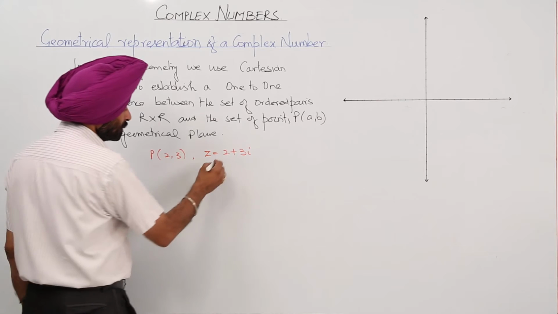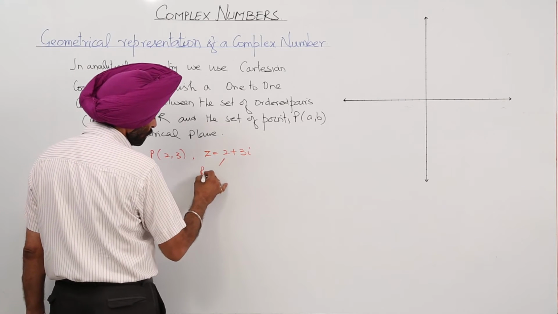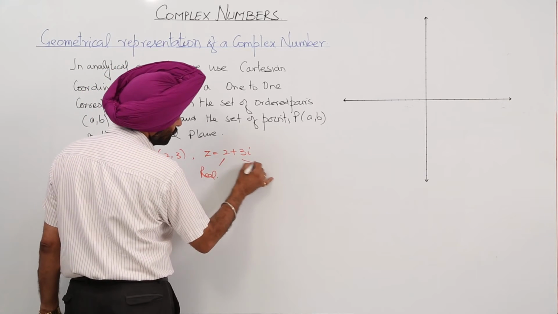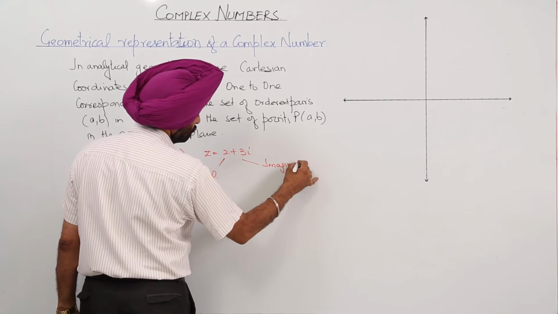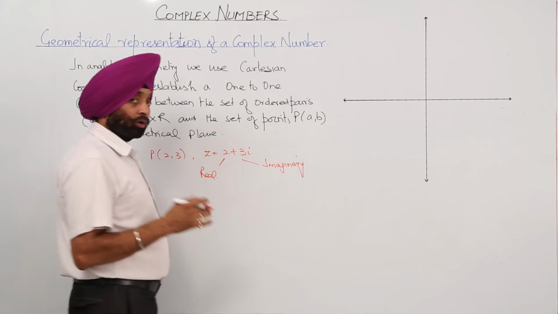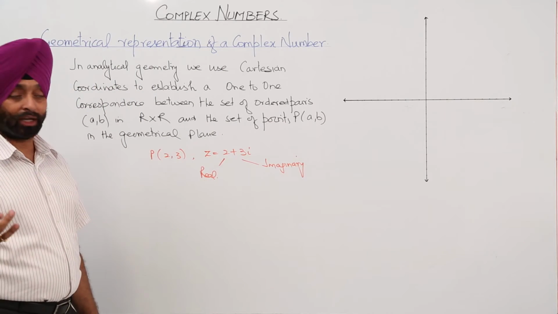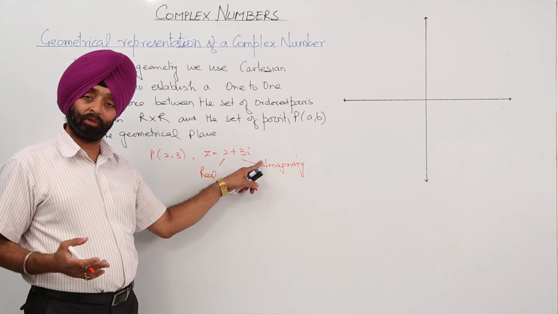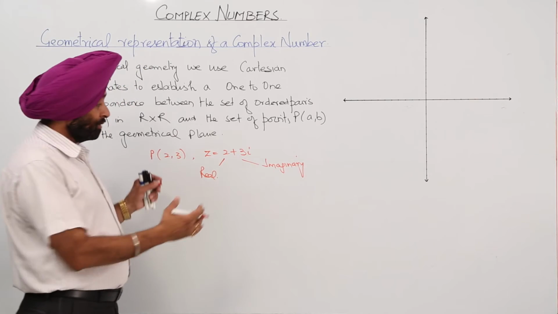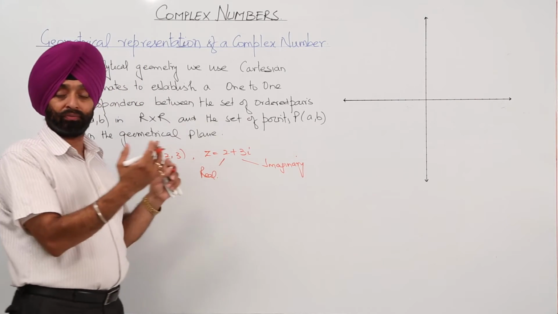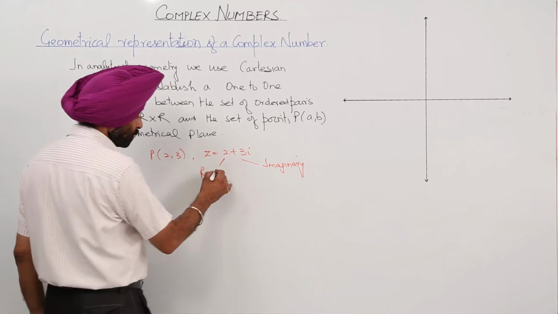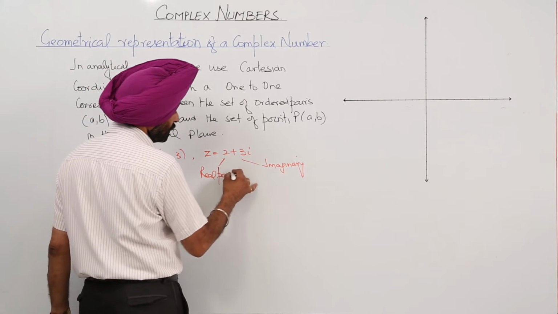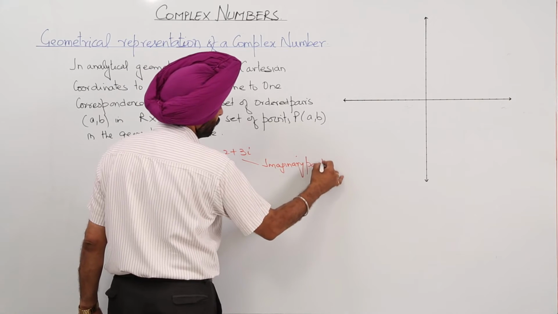Now, 2 is real and 3 is imaginary, because with 3 we have iota, the symbol for the imaginary number. So we are representing the first component of the ordered pair as the real part and the second as the imaginary part.